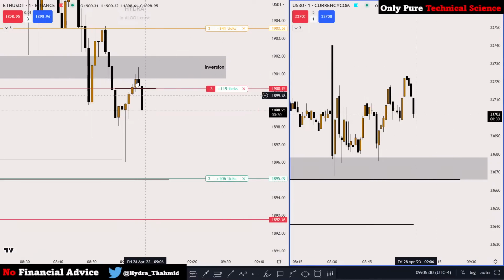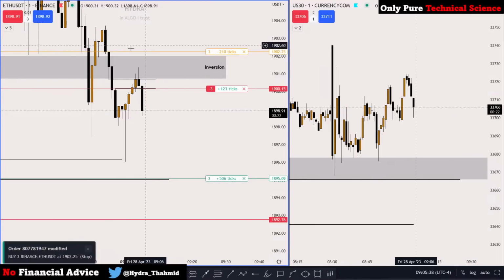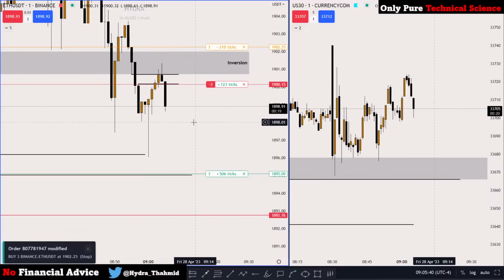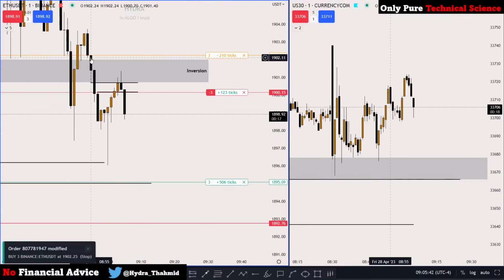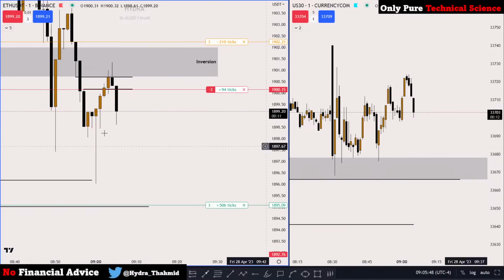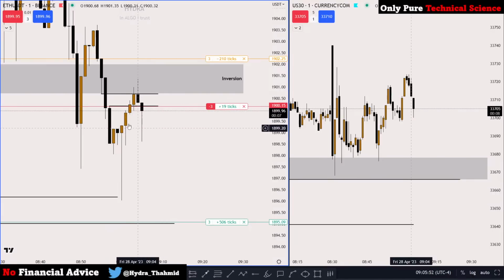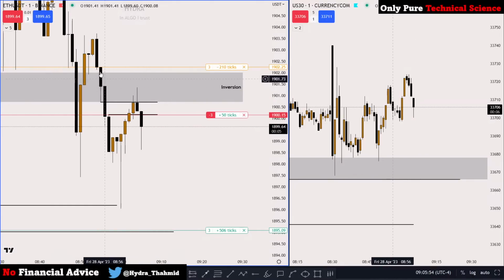So now that price is moving in my favor, I'll trail my stop loss. And where can I put it? I can put it above this candle. Why above this candle? You can ask me, Hydra, why are you putting your stop loss above this candle? What's the logic? The logic is price respected this fair value gap, right? That's a fair value gap. So if price is coming back up again like this, I don't want to see price going above this fair value gap here.